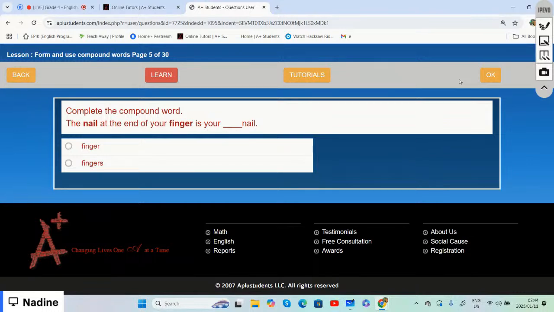So we need to look at the sentence and add the words. It says the nail at the end of your finger is your. Do we say it's a fingernail or do we say it's fingers nail?